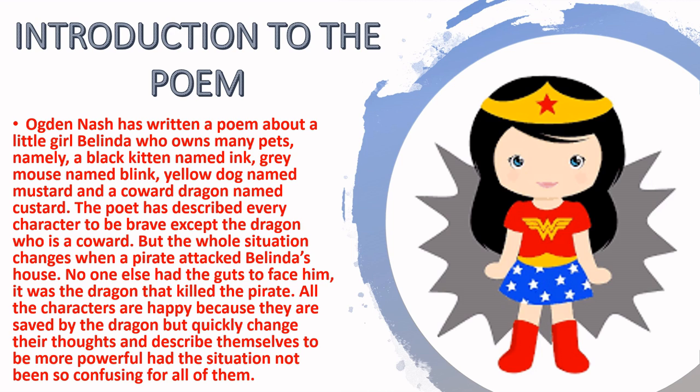As you can see here, who are the characters? One is the little girl Belinda, and then you can also find Blink, Mustard, Ink, and also Custard. These are the characters about whom we are going to read in this poem.